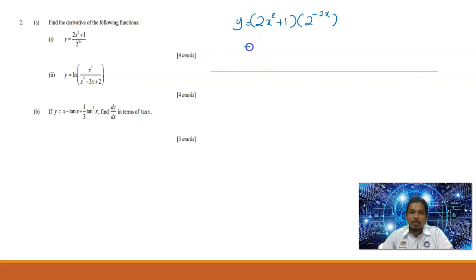So y prime or dy/dx equal to, firstly, we differentiate 2x squared plus 1, which is going to give you 4x. And then y prime equal to u prime multiplied with v plus u multiplied with v prime.